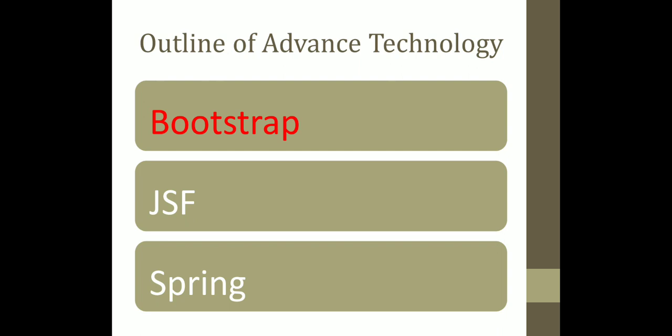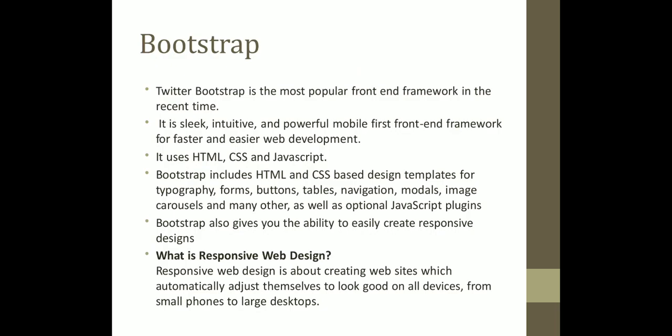So this was later renamed to Bootstrap and released as an open source project in August of 2011. So Bootstrap had released its new version as Bootstrap 2 with more features and new components and changes to existing ones as well. It also supports the latest versions of Google Chrome, Firefox, Internet Explorer, Opera and Safari.